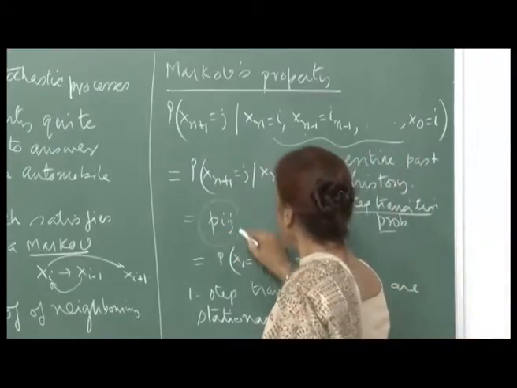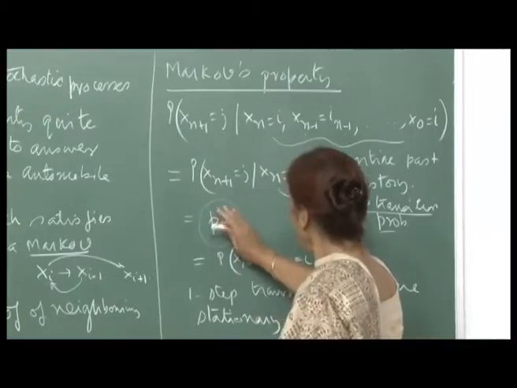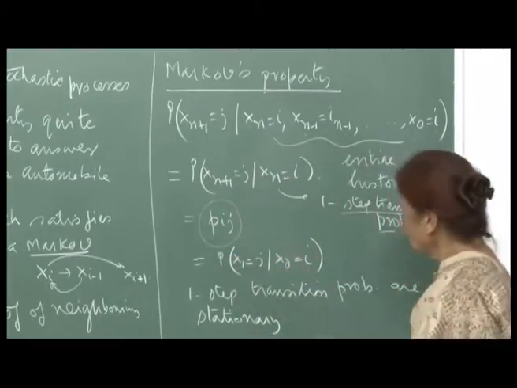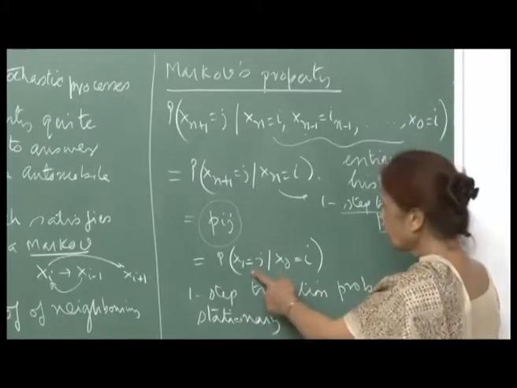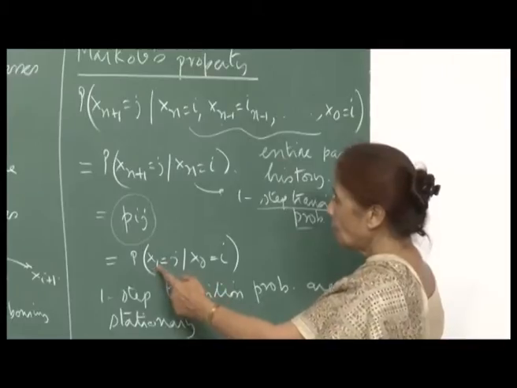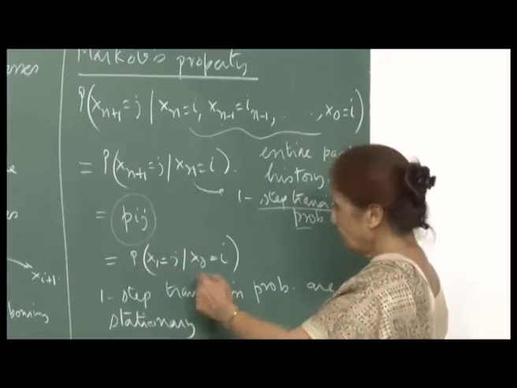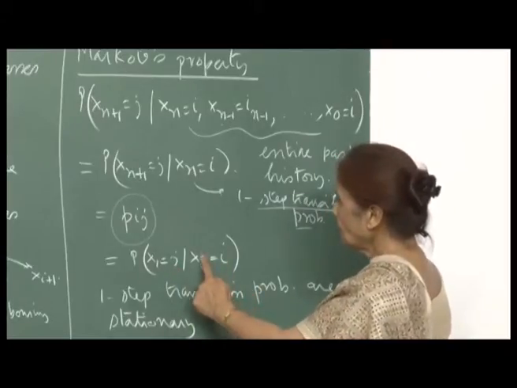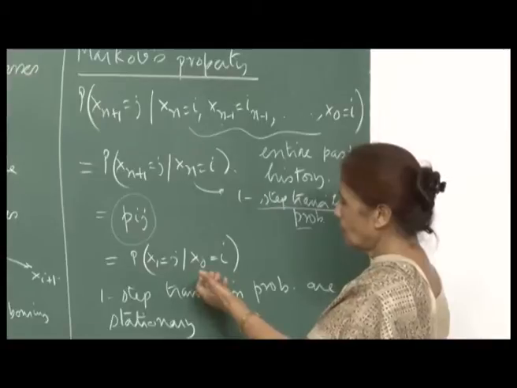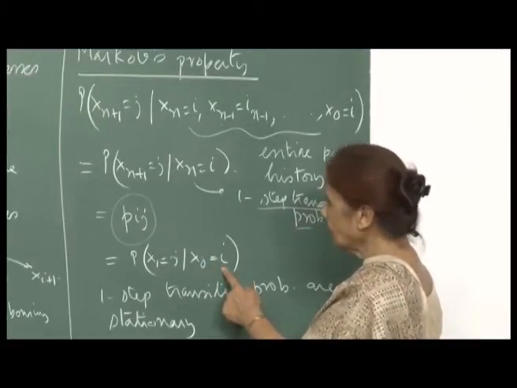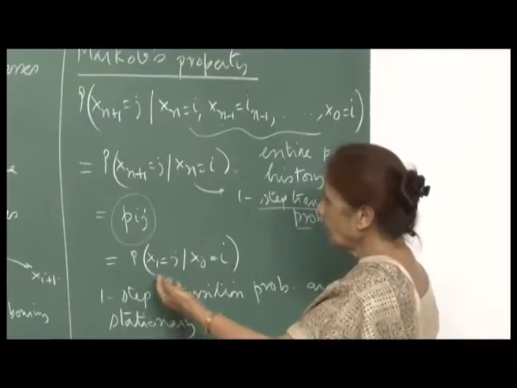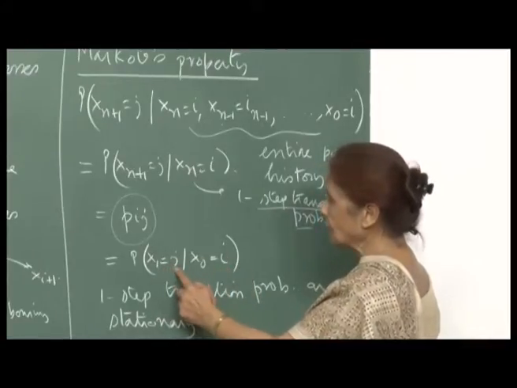I am not writing anything else here because I am making one more simplification, and what we are saying is that this is actually equal to the probability of X1 equal to j, given that X0 is i. That means the starting state of the system, suppose the system was in state i, then the next period it is in j.